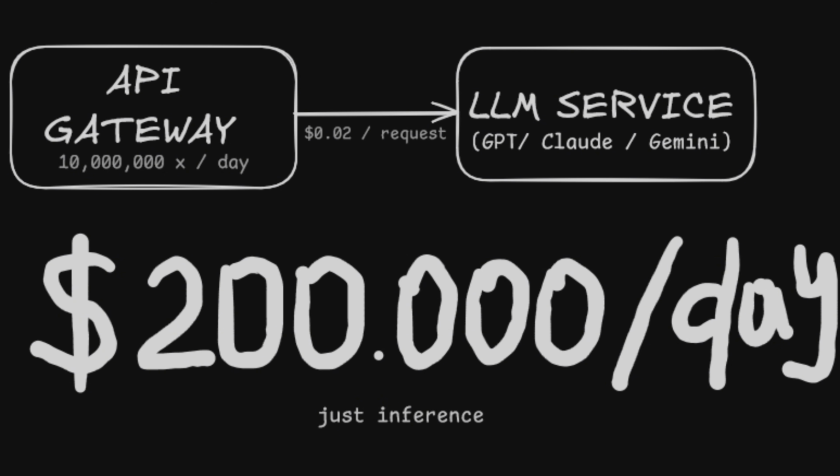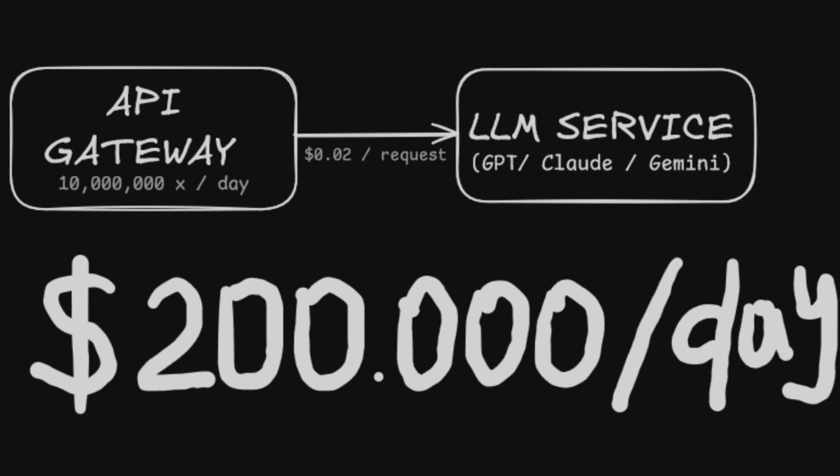Safety checks, moderation filters, logging, retries after timeouts, fallback paths when the model hesitates. Each of these feels cheap in isolation. Each of them passes code review. Each of them looks reasonable. But systems don't execute features. They execute combinations. And combinations are where cost stops being intuitive.